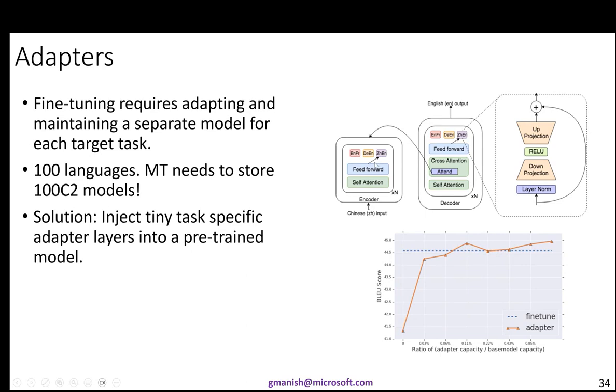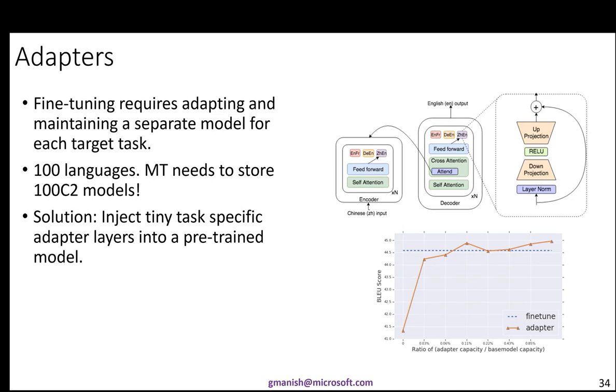So these adapter layers are there in every transformer layer just after the feed-forward, and these small adapter layers are the ones that are actually trained for each of those language pairs. It's like saying, I have a general-purpose model, and then I learn very small adapters to adapt it to different language pairs.